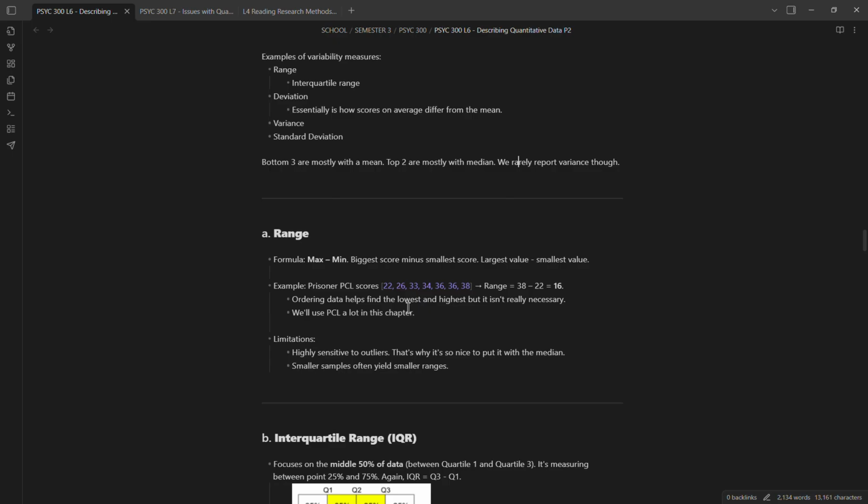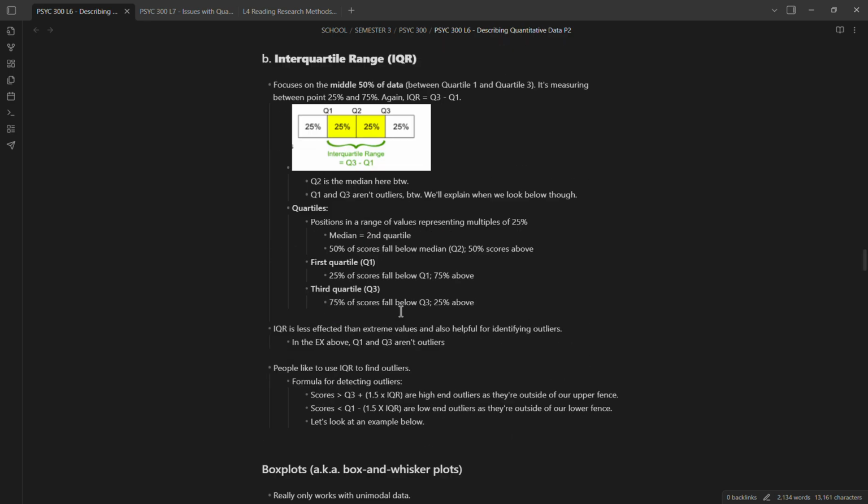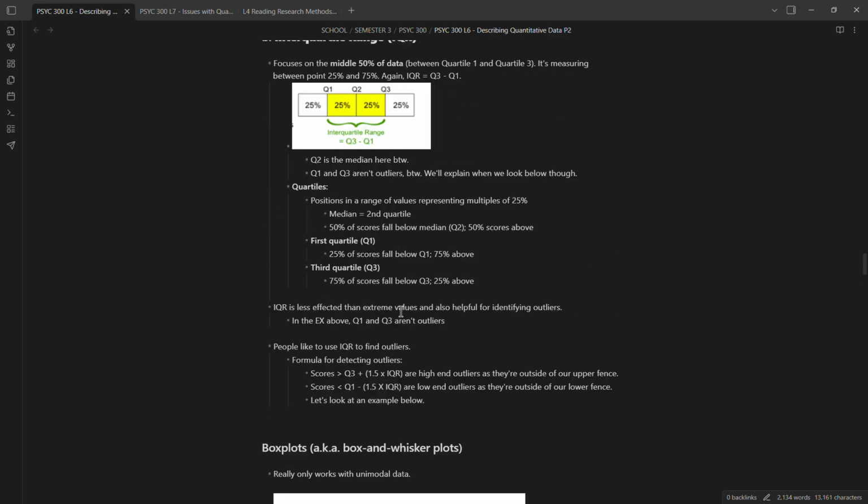Again, range is just max minus min. The limitation: it's highly sensitive to outliers. That's why it's so nice to pair it with a median. And smaller samples often yield smaller ranges.